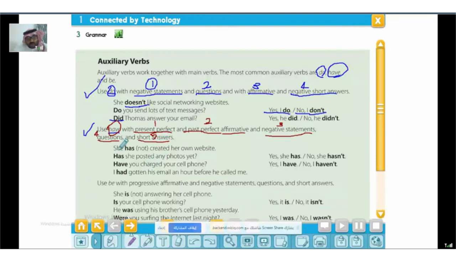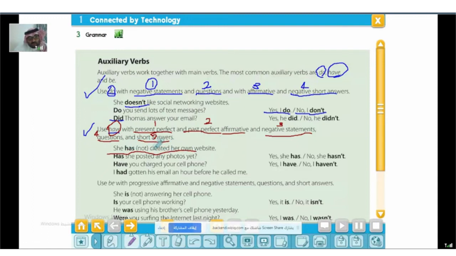Okay? Now, she has not created her own website. This is the first example for use have with present perfect. This is a present perfect sentence. Has, she has not created.